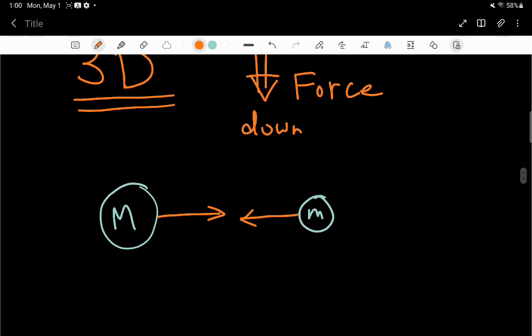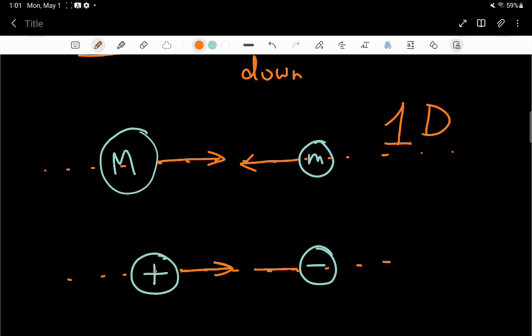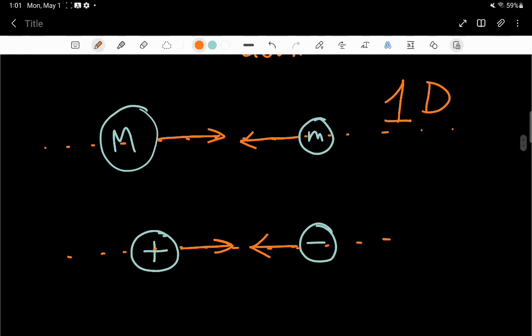So gravity, if you think about it, is just along a line between the two objects, and that is one-directional, one-dimensional. And it turns out electric charge is the very same kind of thing. So what if I have a positive charge here and a negative electric charge there? This is also attractive, and the force is along the direction that connects them, also one-dimensional.